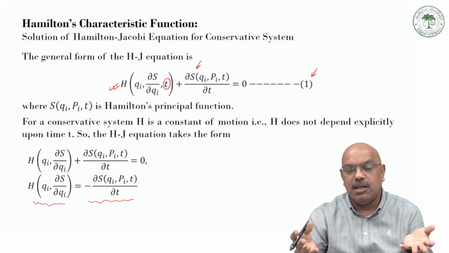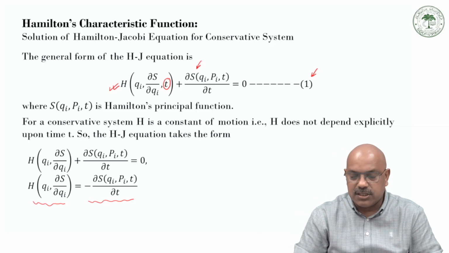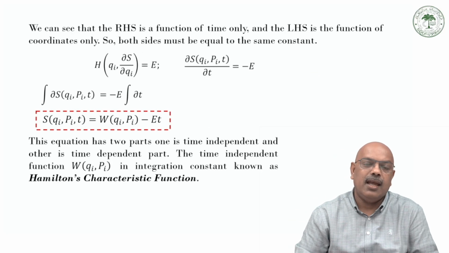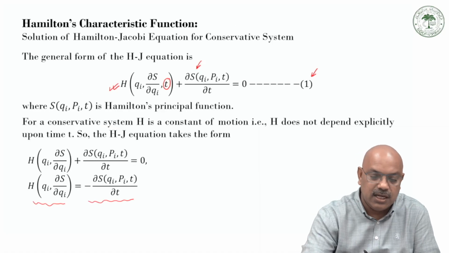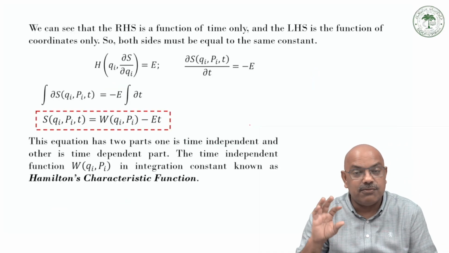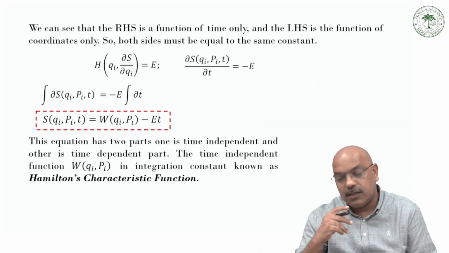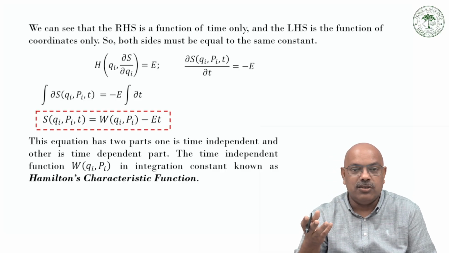So we can in principle equate these two as a single constant, and that constant is going to be my energy, because we're talking about the Hamiltonian. When H is conservative, H is going to be a constant of motion, and in that case we know that it is always going to be the total energy of the system.